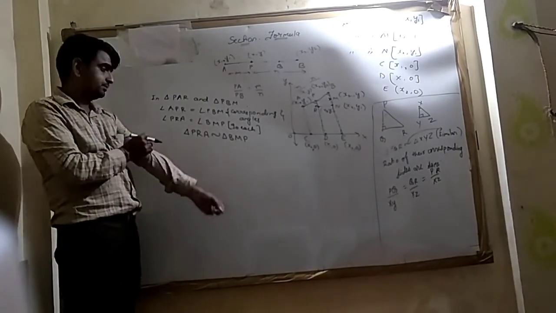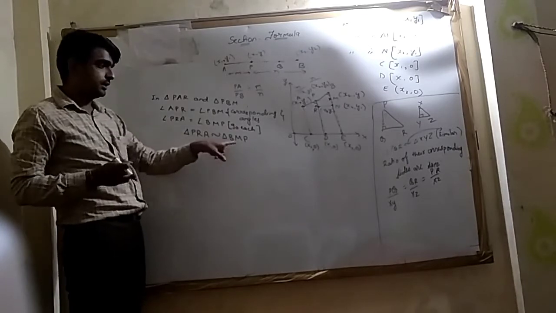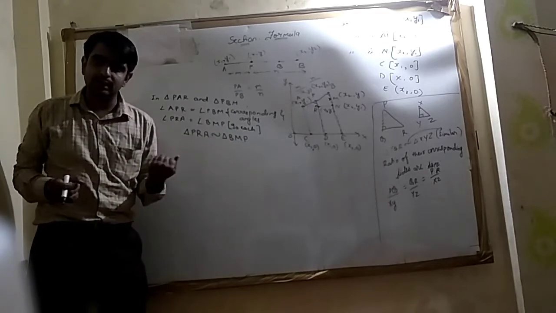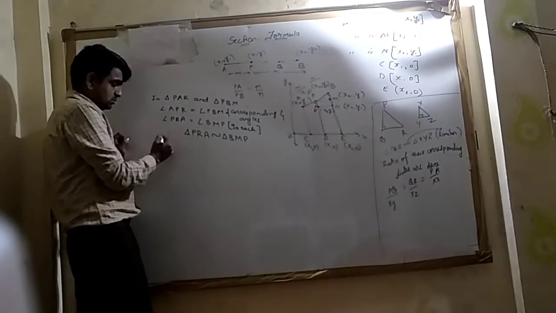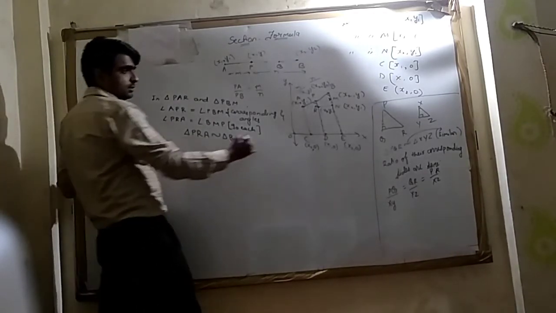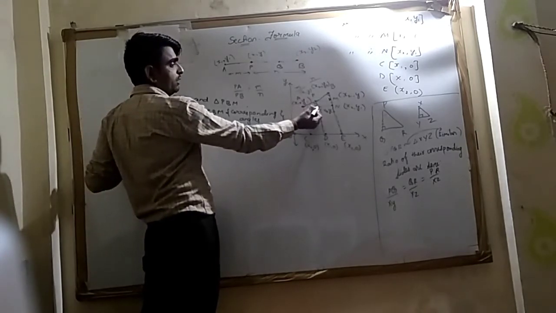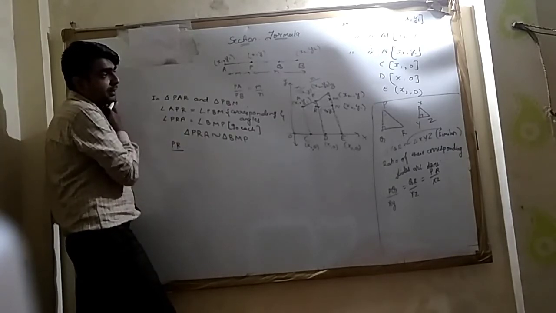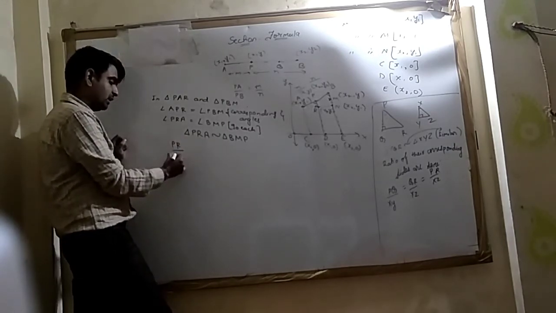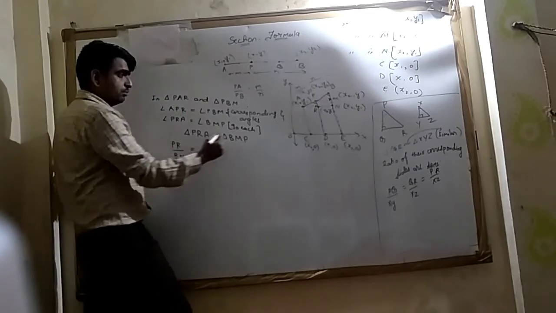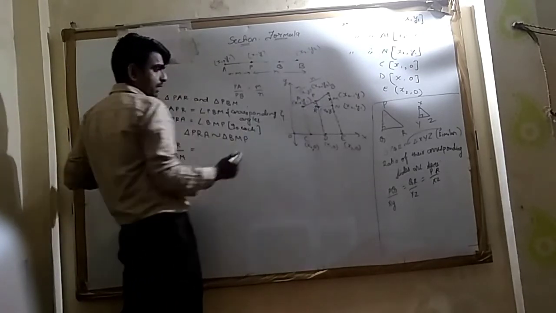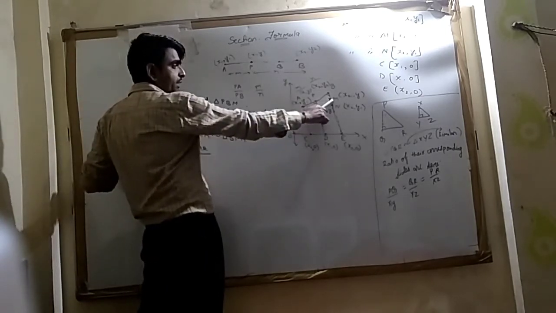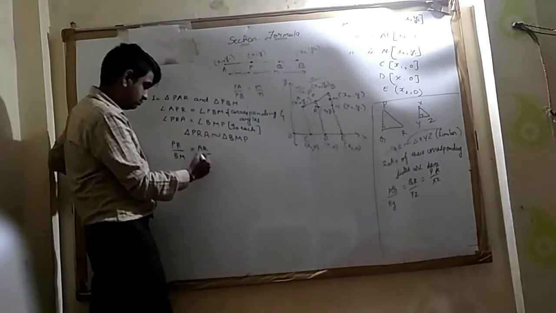Okay, now see, if triangles are similar, then the ratio of their corresponding sides are same. So I can write, okay, what is perpendicular here is PR, and perpendicular of that triangle is BM. Base of this triangle is AR, and base of this triangle is PM.